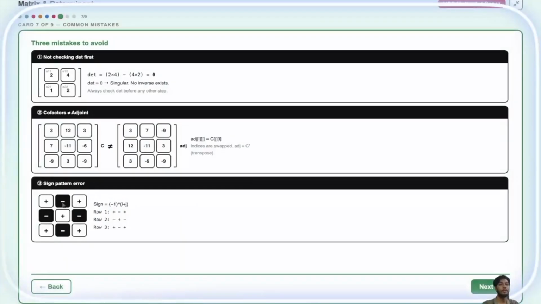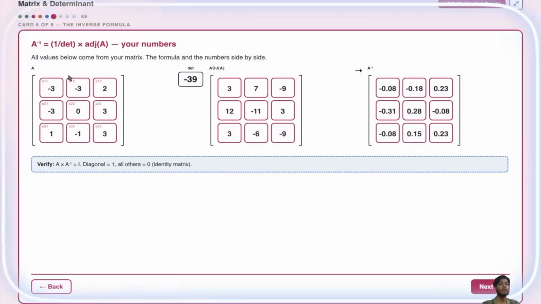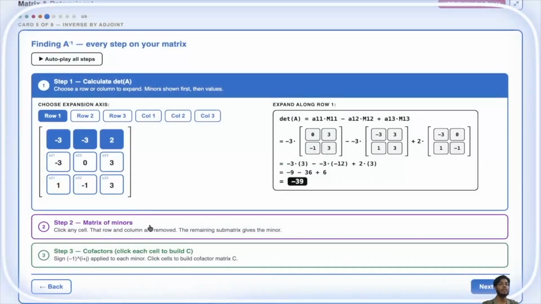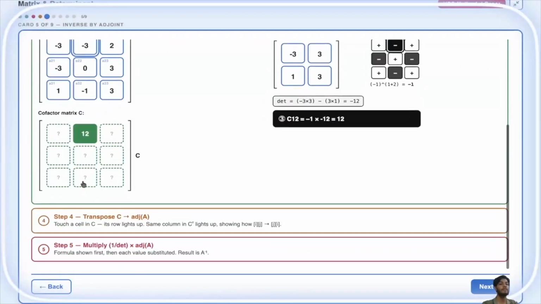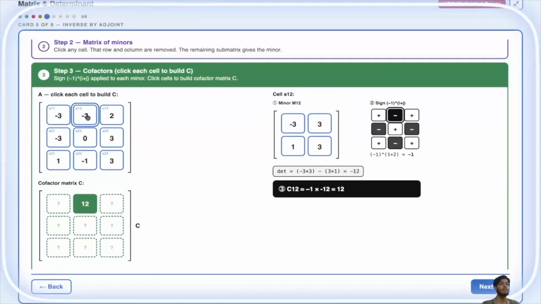Then the third mistake that you make is the sign. We sometimes forget the sign when we are calculating the cofactor matrix. We forget the sign that you're going to place for this value. You can see for this position. So to avoid the mistake of sign when you're calculating the cofactor for an element of a matrix, we compare this with the sign matrix.